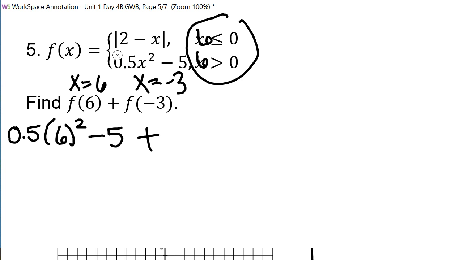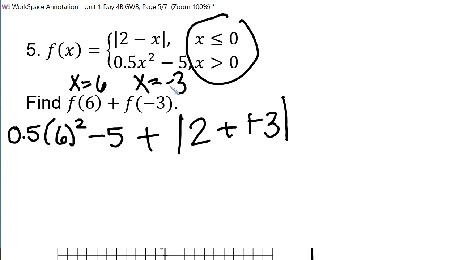So now I have to decide, do I use the top one or bottom one? Top one, because negative 3 is less than or equal to 0. So that top function is absolute value of 2 minus, what are we substituting in for x? Negative 3. And when I subtract a negative, that becomes plus 3.